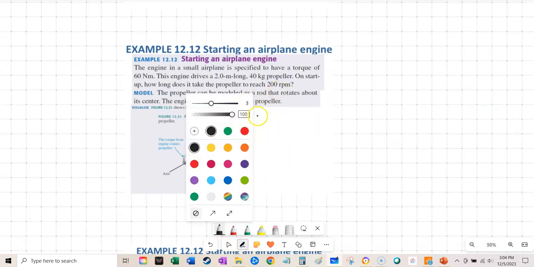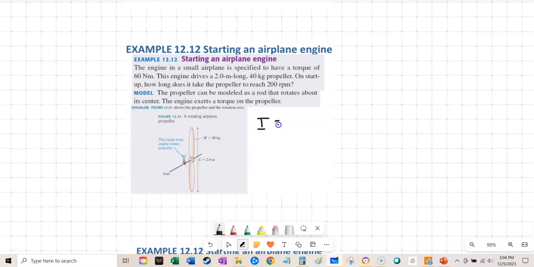This moment of inertia, for this stick, is going to be 1/12 m times the length of it squared. It's not r squared, it's the length of it squared. So it's got a mass of 40 kilograms. It's 2 meters long. Okay. And it's asking how long does it take for the propeller to reach 200 rotations per minute.